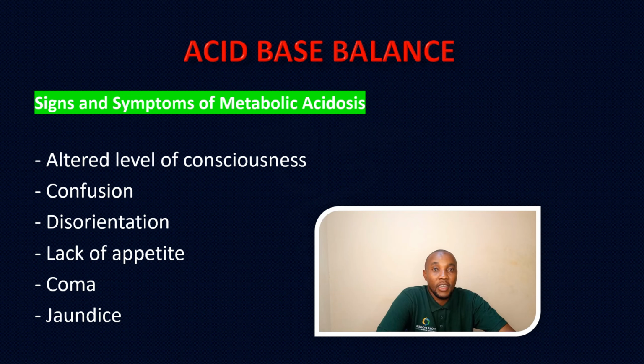The patient can experience confusion, and can also exhibit disorientation, lack of appetite, and a heightened level of consciousness. Also remember, with high acid levels building up in the body, the patient can experience sleepiness, which can progress to coma. Another very common sign and symptom we can see with metabolic acidosis is jaundice.